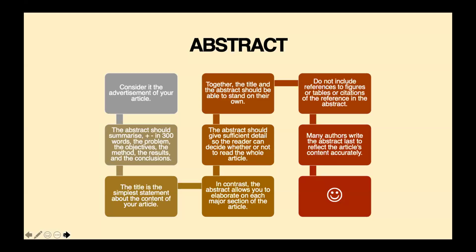The abstract is about your work. What is your objective? What is the problem in your work? Simplify the problem, the objective, the methodology, the results, discussion, and conclusion. Sometimes an abstract needs only about 300 words, and some journals require not more than 250 words.